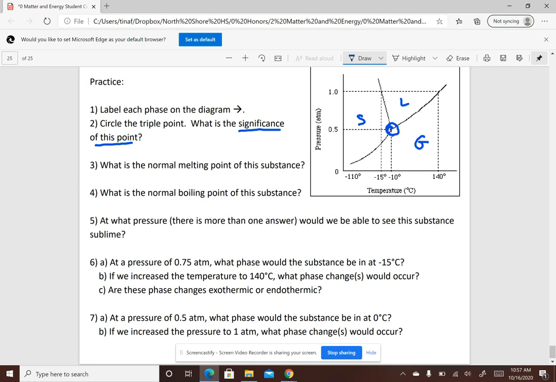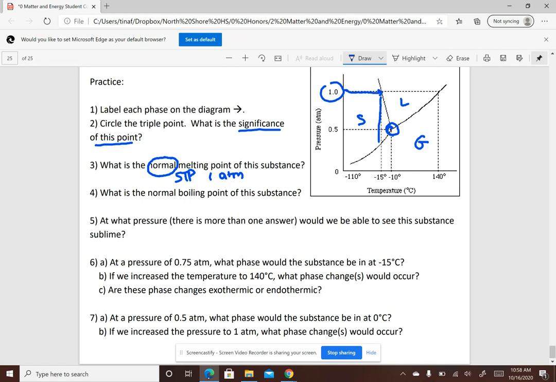Okay, what is the normal melting point of this substance? So guys, normal means that we're at STP, which is standard temperature and standard pressure. So standard pressure is 1 atm. So they just want me to look at 1 atm and follow it across to where I'm going to start to melt.